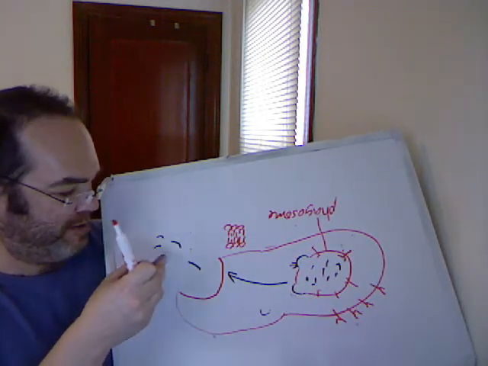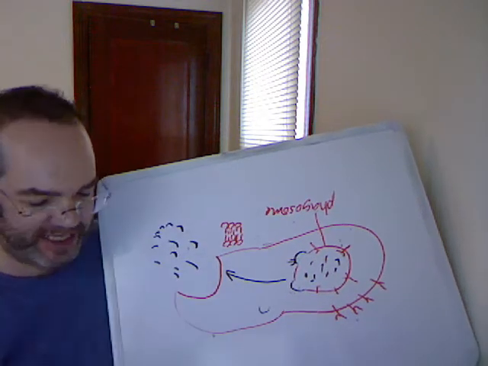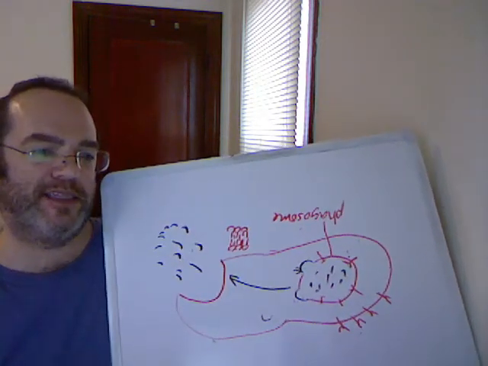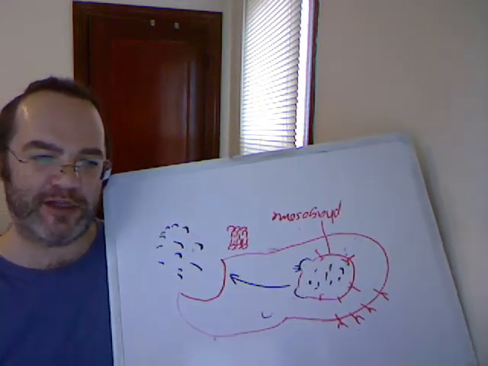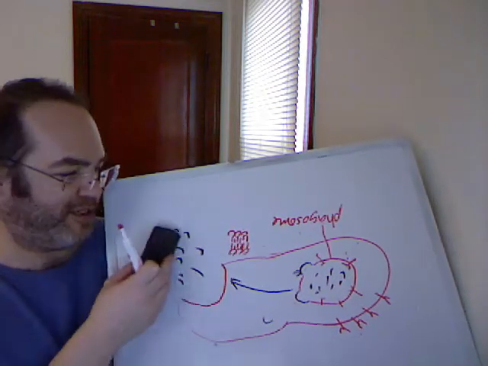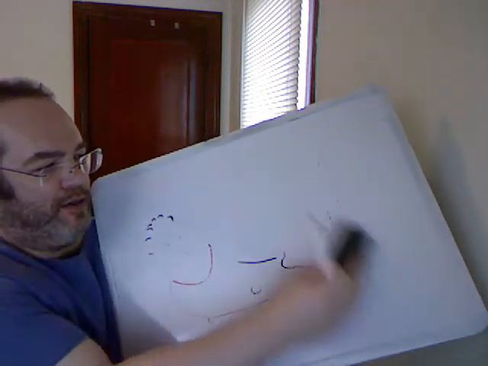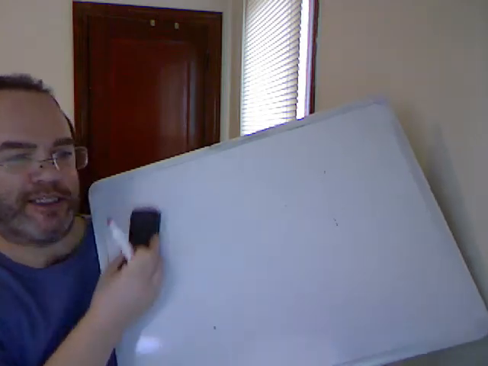And then those destructive pieces, those waste pieces, are expelled into the environment through a process called exocytosis. Exo means outside, so cytosis means the process of expelling material to the outside using a vessel.